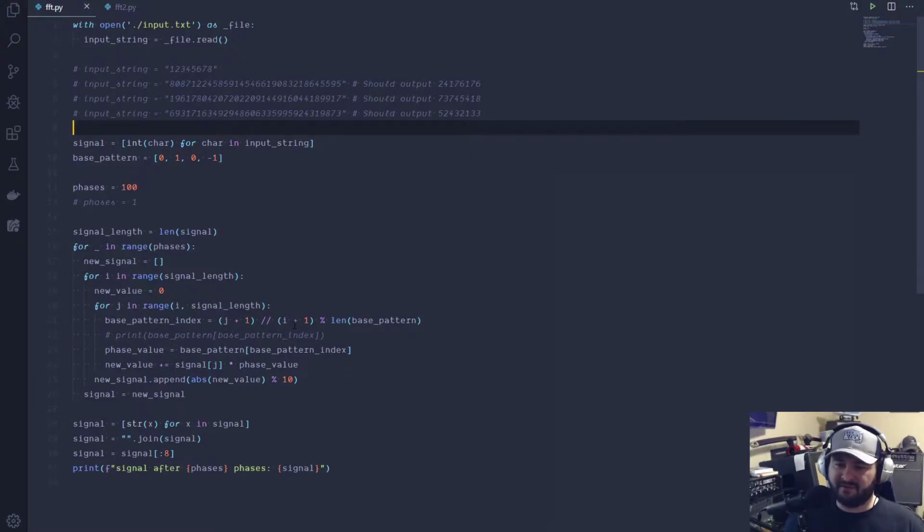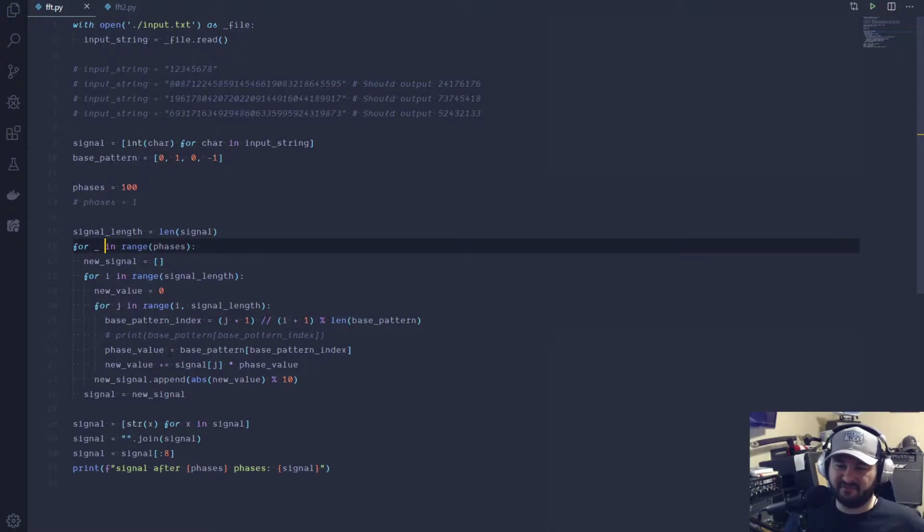Don't ask me how I figured this out, but in my Zen programming, smashing my face against the desk, trying to figure out part 2, I landed on this. If you're going to loop over each phase, so from 0 to 99 in this range of phases, if phases is 100, I don't care about that index.